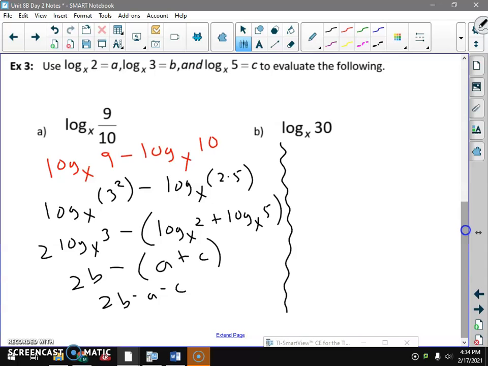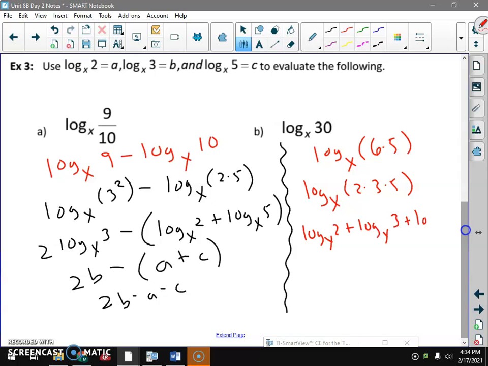Express 30 in terms of 2s, 3s, and 5s? Well, first thing I thought of with 30 is 6 times 5, which is better known as 2 times 3 times 5. We break them all up into addition, which means we're going to end up with a plus b plus c.